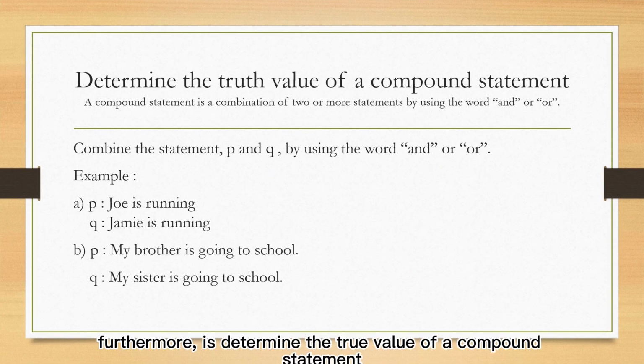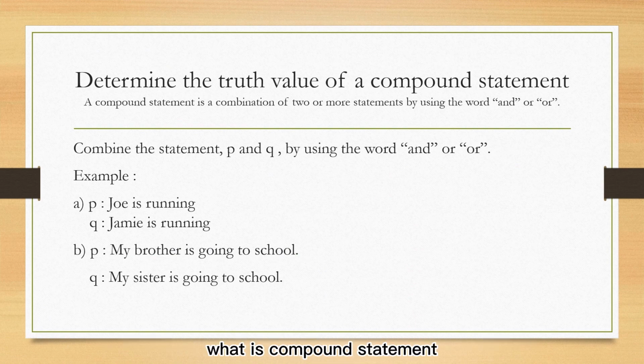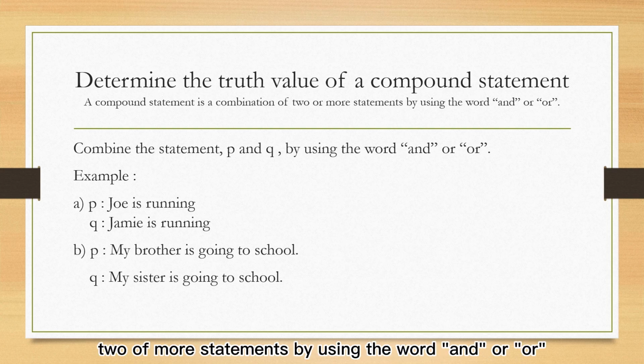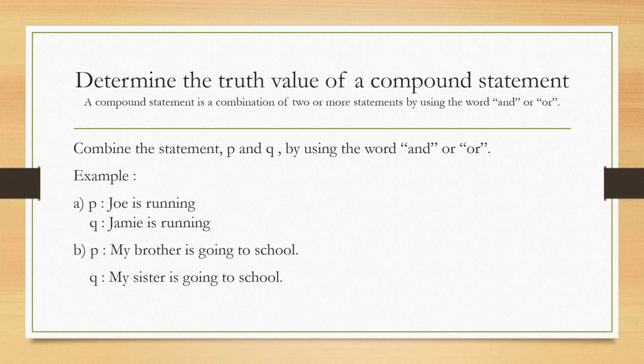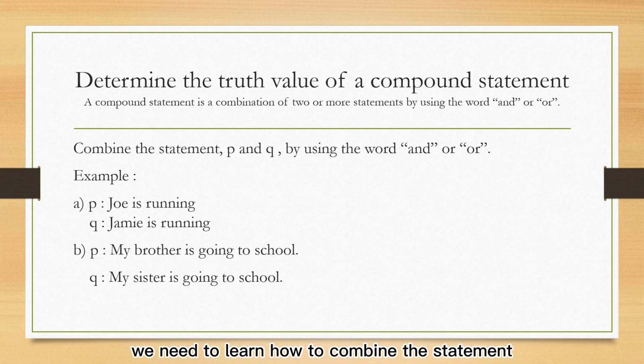Furthermore, we study the true value of a compound statement. What is a compound statement? A compound statement is a combination of two or more statements by using the word and or or. Before we determine the true value of a compound statement, we need to learn how to combine statements. Here is the example.